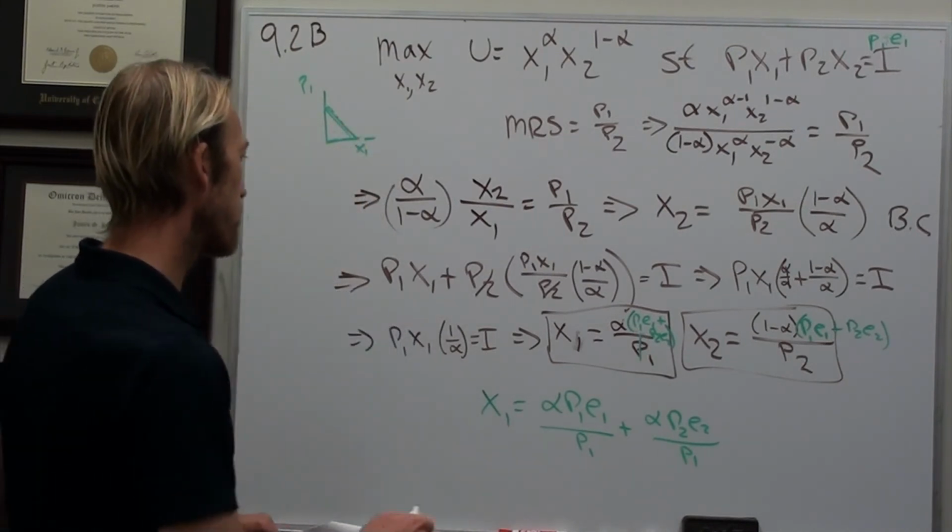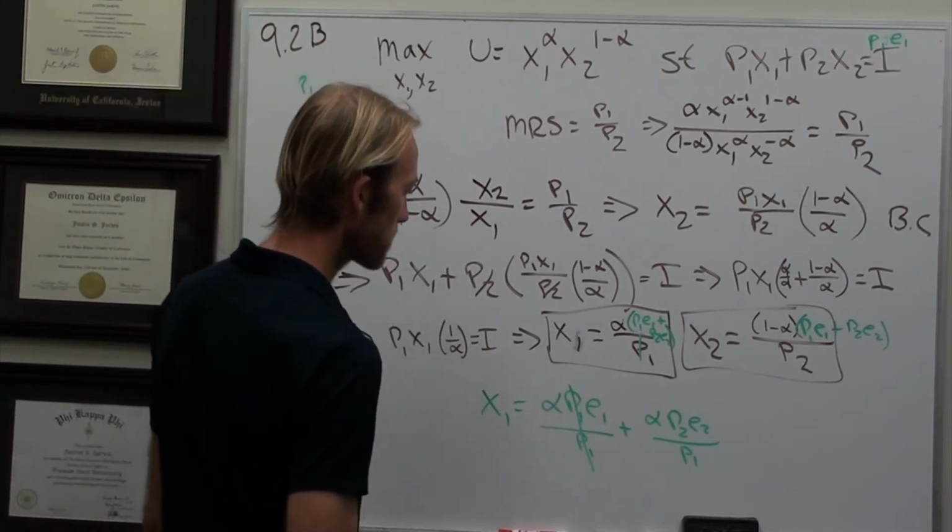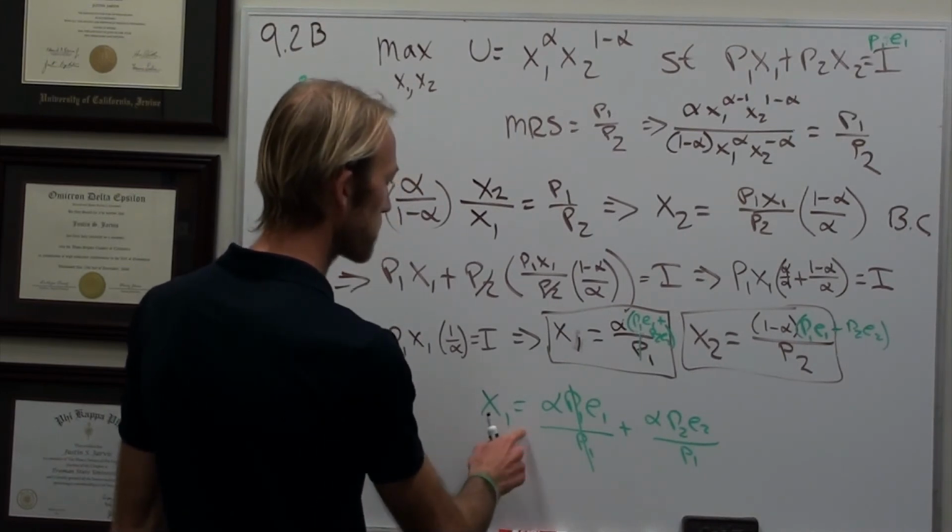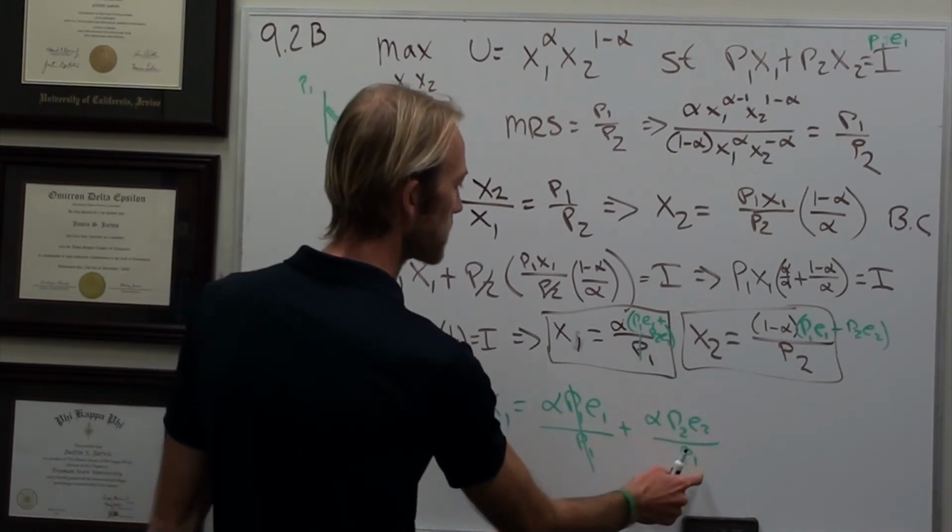Okay, let's go ahead and cancel those out. So my demand for x1 is alpha E1 plus alpha P2E2 over P1.